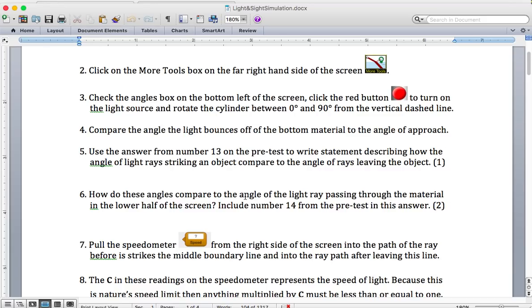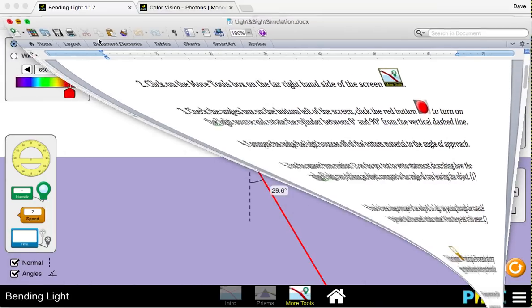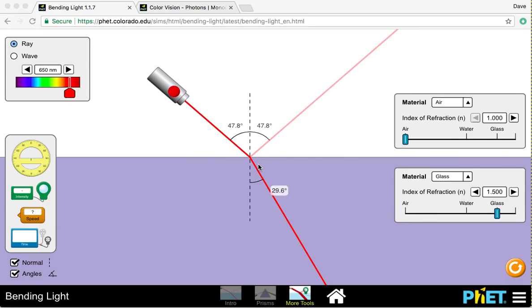How do these angles compare to the angle of the light ray passing through the material? Basically, just want you to know that the angle changes. The angle that the light rays are traveling relative to the normal line or the surface changes as it passes into a different medium. And the main thing I need you to know there is that it's because it changes its speed. That's why it changes its direction. It changes its speed because it's interacting with something more often.